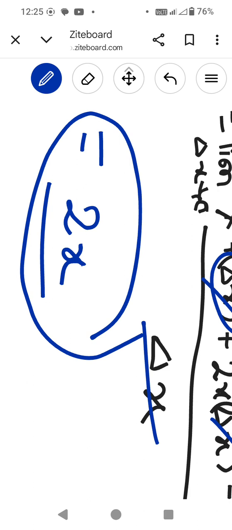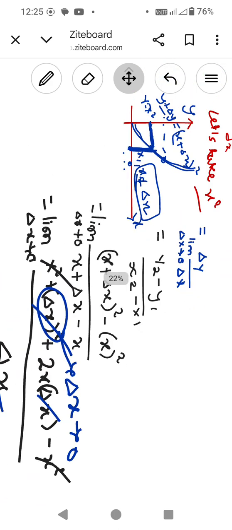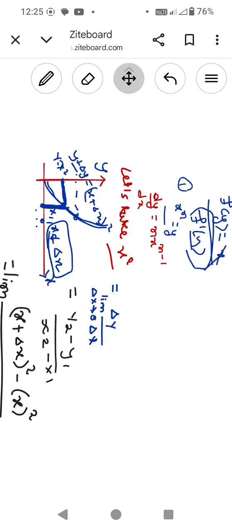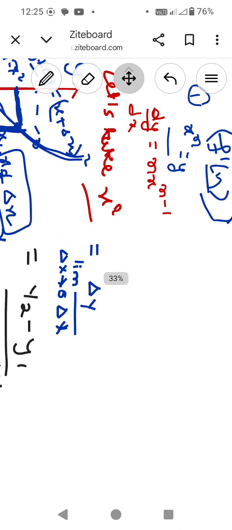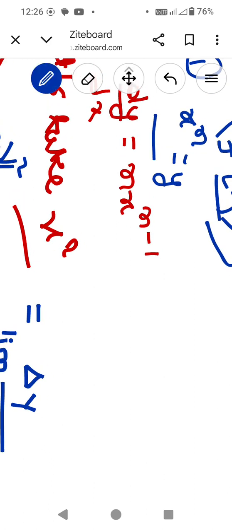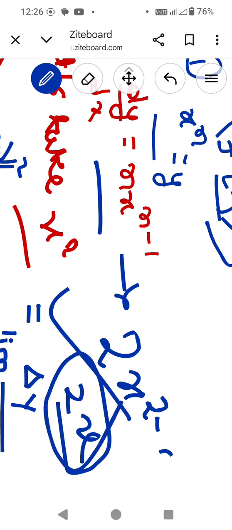That is 2x. Then if I try to determine the formula by using the power formula, x power 2, it will be 2 minus 1, so 2x.